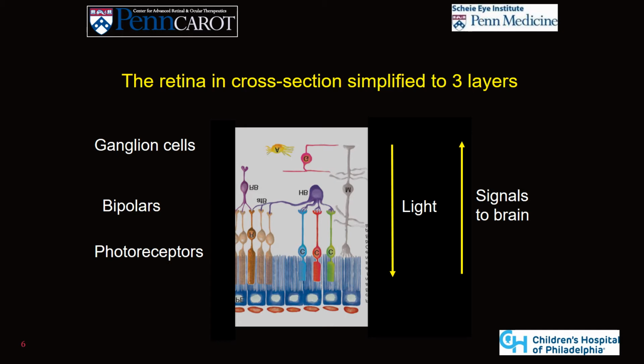So the three layers that we talked about are basically the photoreceptor layers, rods and cones. Rods, cells that see mainly in dim lighting conditions, and cones are the cells that see in daytime and provide color vision. Bipolar cells, which are the second neuron in the pathway towards the brain, and then the ganglion cells at the surface of the retina, which connect to the brain through their axons.